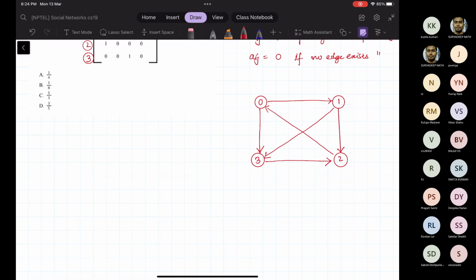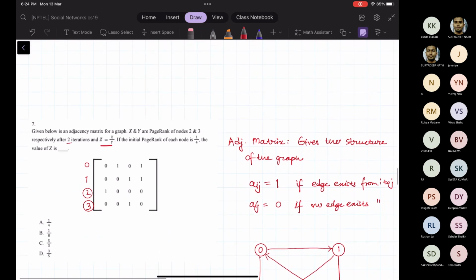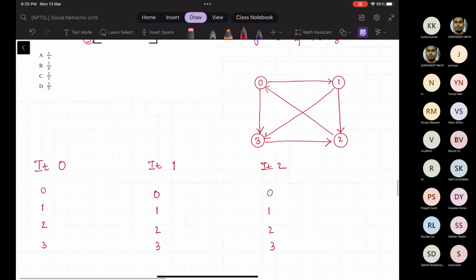Now let us try to find its page rank after 2 iterations. Let us write it like this. Iteration 0, you have node 0, 1, 2, and 3; iteration 1, iteration 2, each with nodes 0, 1, 2, and 3. Initially all the nodes had 1/4.